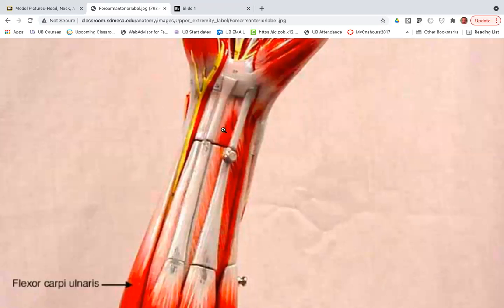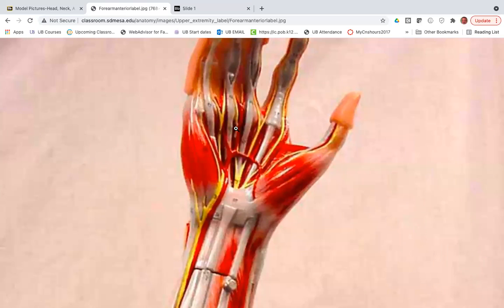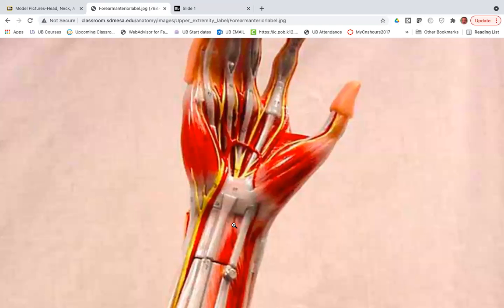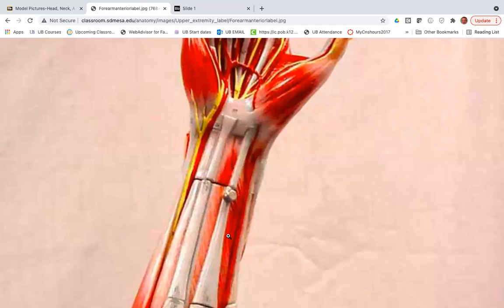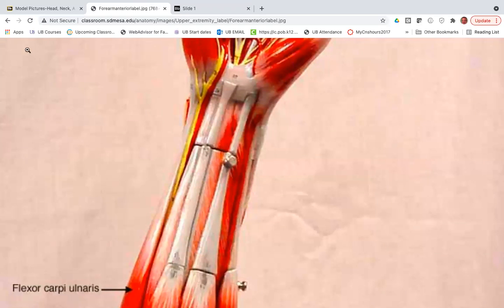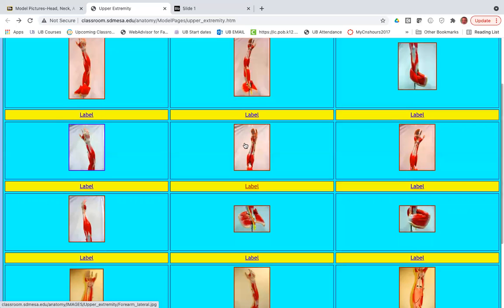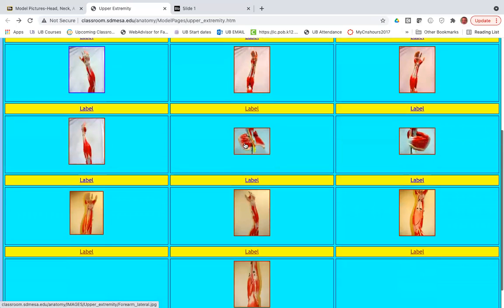This is the belly of the muscle, and it's going to go underneath the retinaculum to the finger flexors. It's called the flexor digitorum superficialis. I'm going to show that in another picture. Let's make sure we covered these.